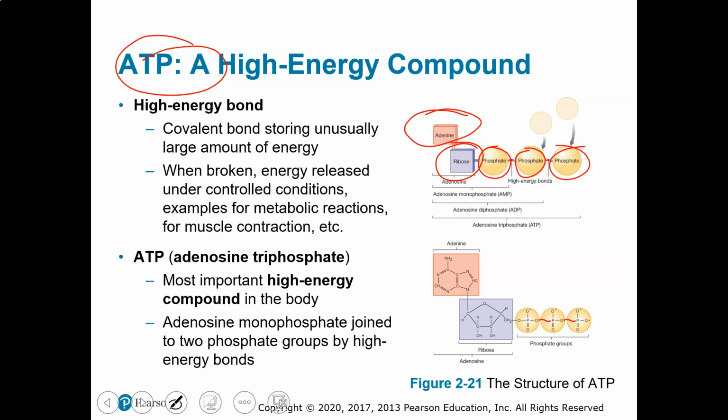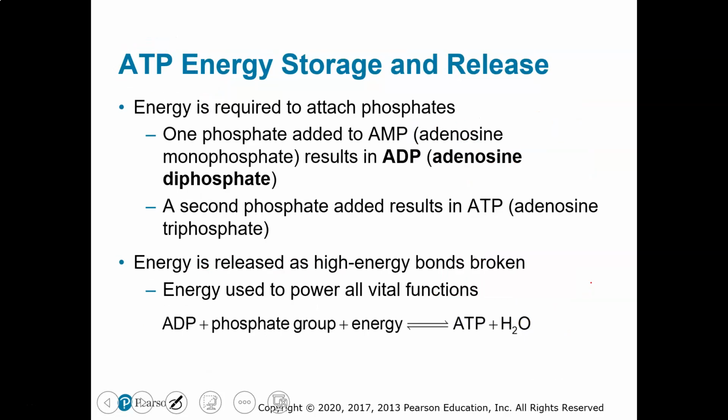It's called adenosine triphosphate. And our body obtains energy by breaking that phosphate bond and reducing the ATP to ADP, adenosine diphosphate.